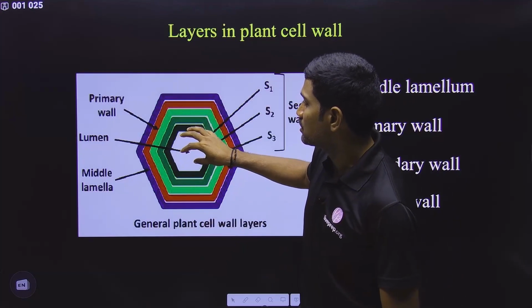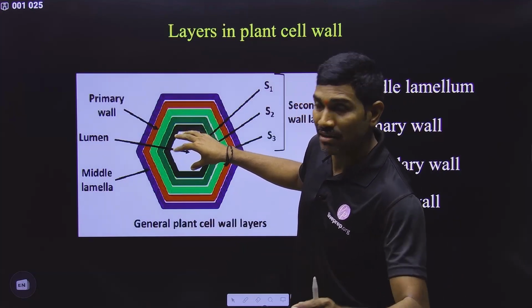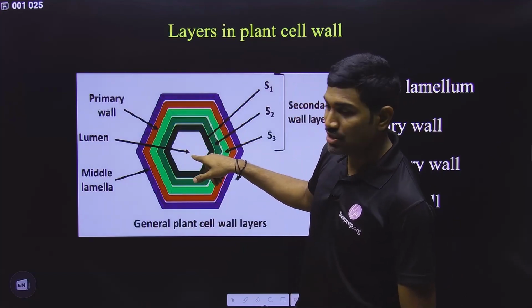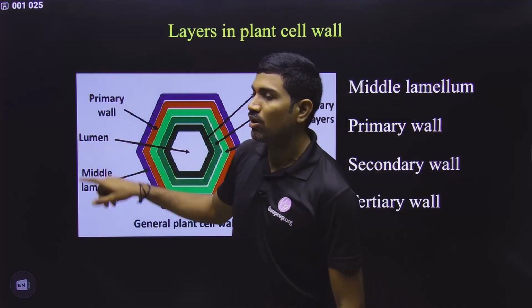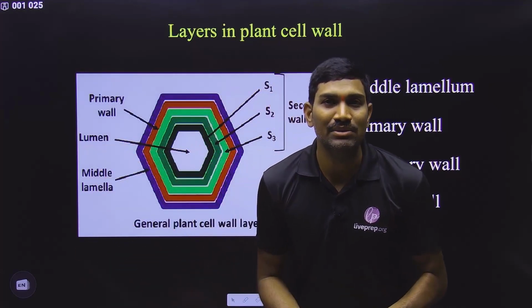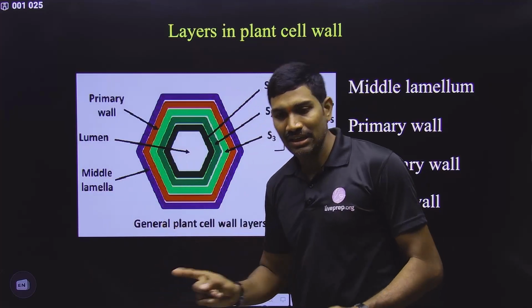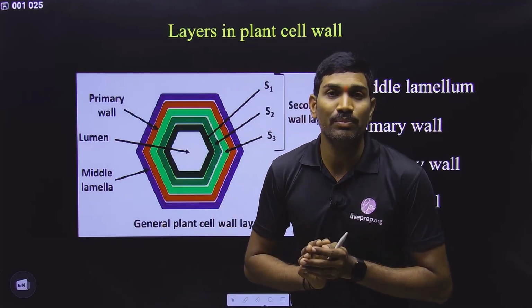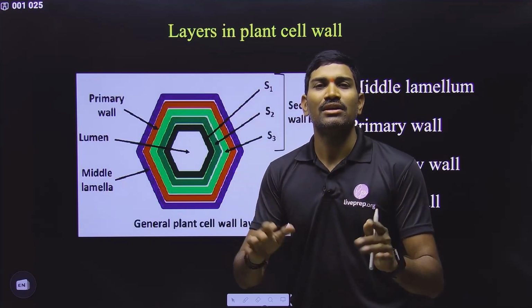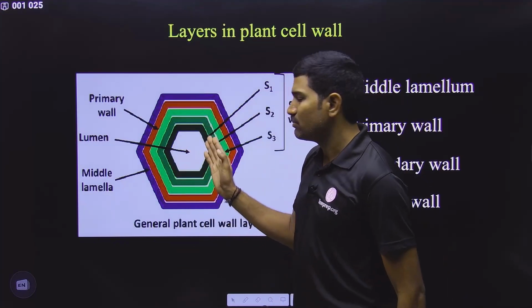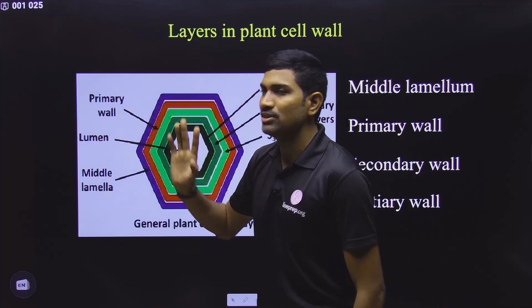That empty space, for the dead cell only you are observing the empty space. The empty space present at the center of this particular dead cell is called a lumen. And why is it empty? Because the cell is dead. That protoplast, what is protoplast? Plasma membrane plus protoplasm, it got dried up. Since it got dried up, now you are observing empty space. This empty space is called lumen.